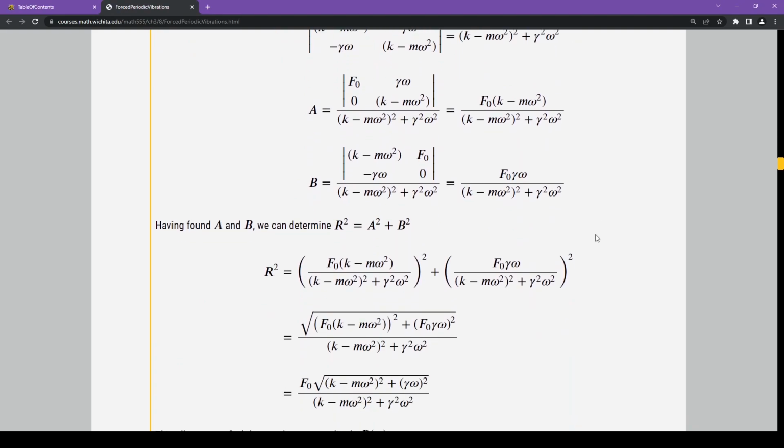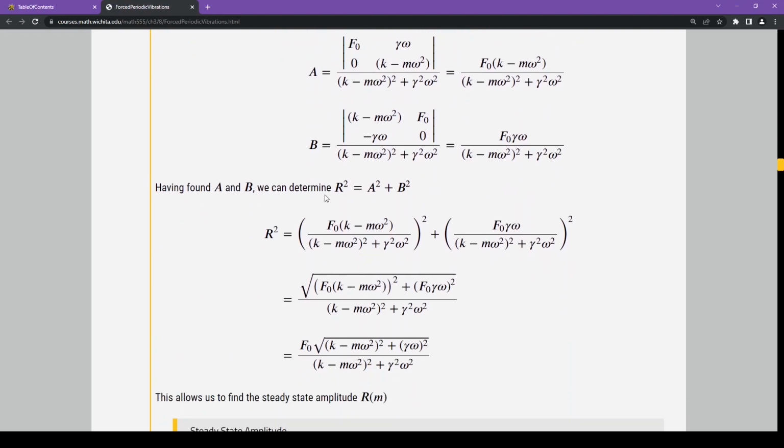We look at the amplitude R by taking these coefficients, putting them all together, and this gives us a function for R squared that depends on m. m is the only one of these things that's not fixed. Omega depends on what value we choose for the mass.